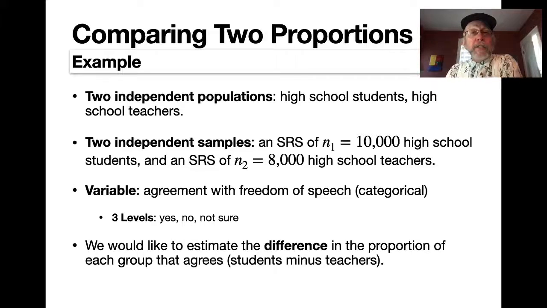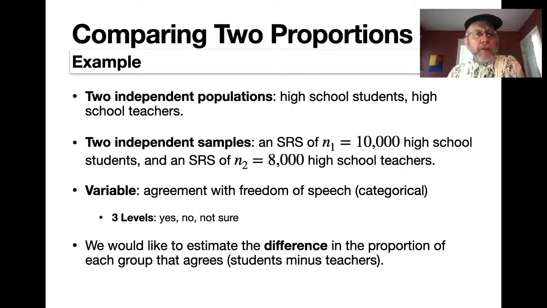The statistical variable in play here we could call agreement with freedom of speech in student journalism, right? It's a categorical variable, and there were three levels to it, three values. Responses were either yes, I do think students should be able to publish these controversial pieces without approval, no, I don't think they should be able to, and respondents were also allowed to give an I'm not sure response.